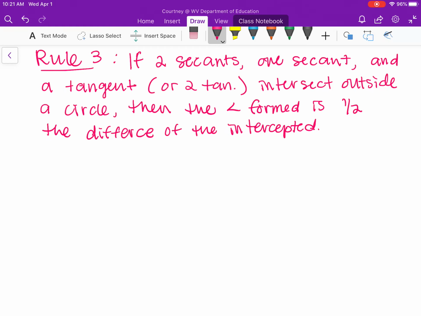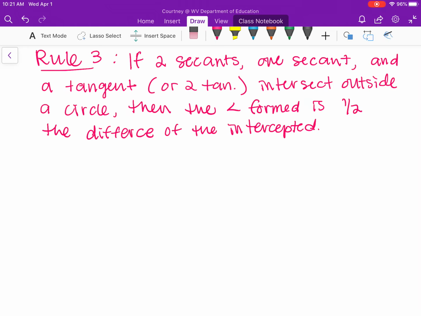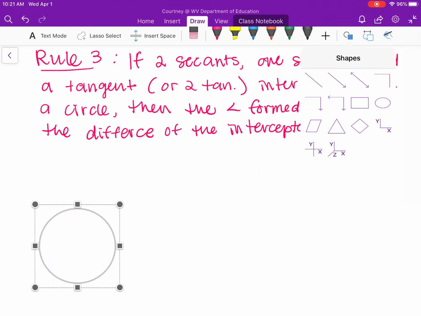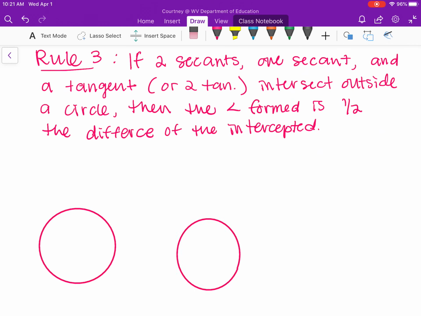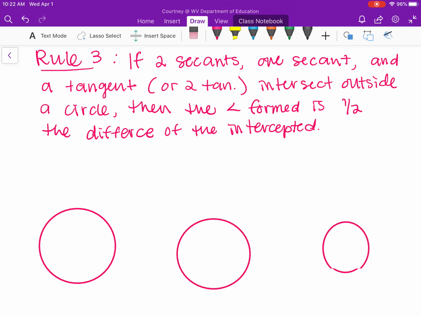This is almost just like the first rule, except I'll explain the difference in just a second. We have three kinds of drawings, so 3 different circles for 3 different cases, but it's going to be the same formula for all 3. It could just look 3 different ways.